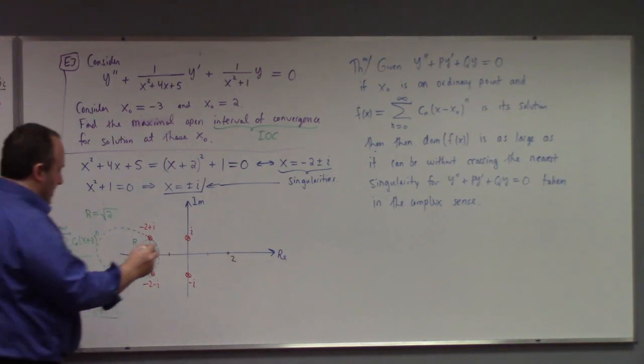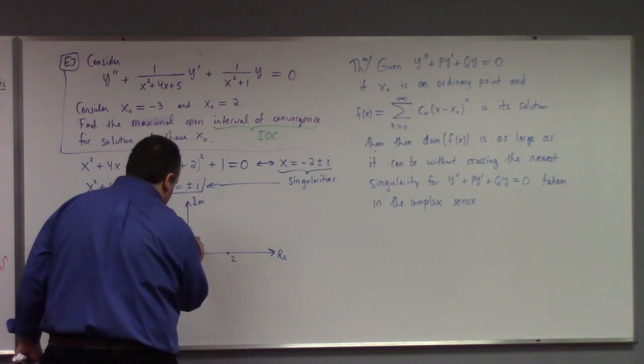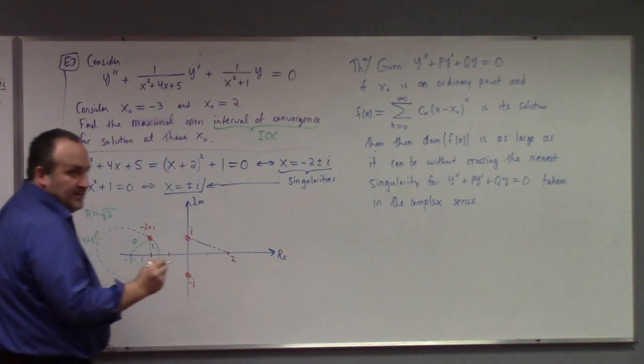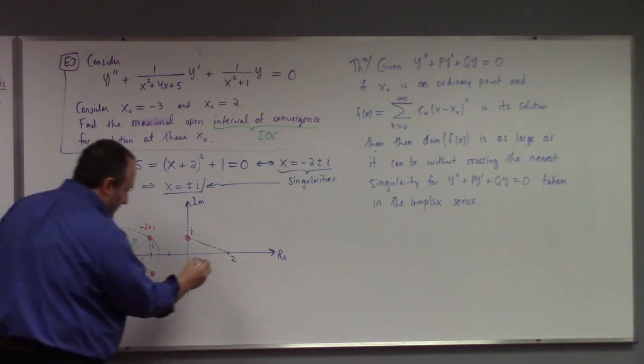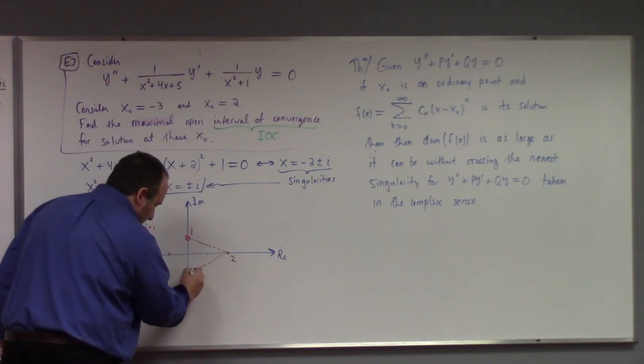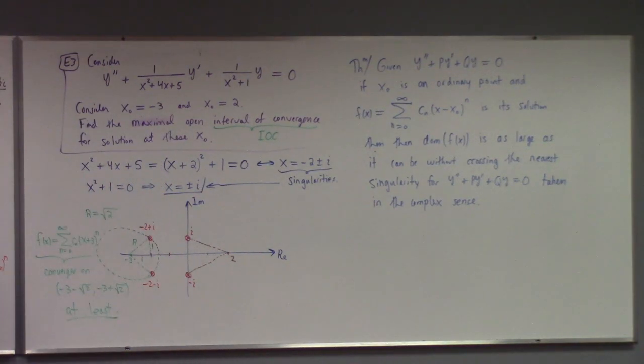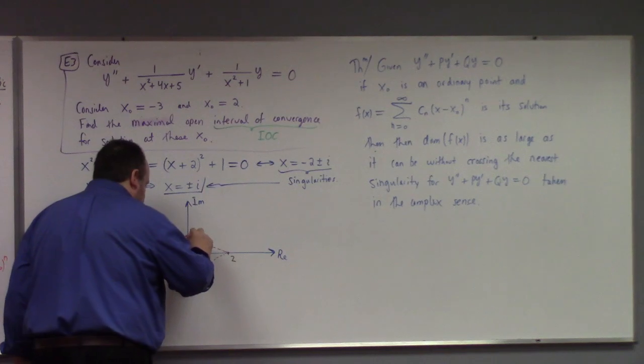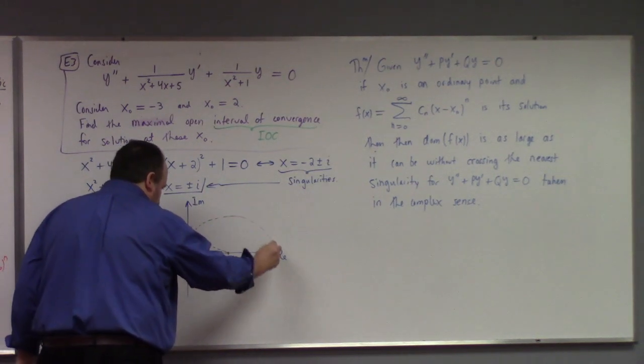And there, again, we're equidistant from both of those singularities. That's pretty much always going to happen for our examples because we're going to look at real coefficient functions, and they always have zeros which come in conjugate pairs. So it's pretty common.